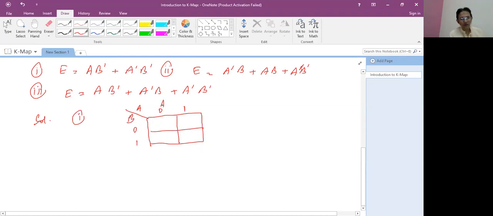Zero represents A complement, it is A, and it is B complement, or it is B.